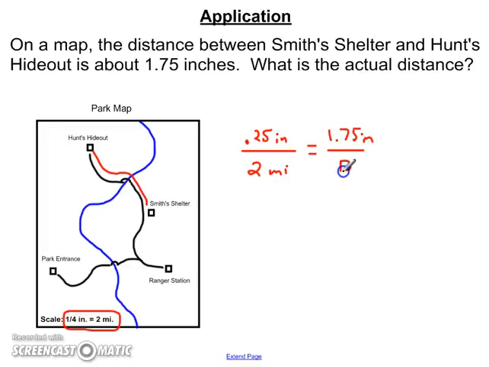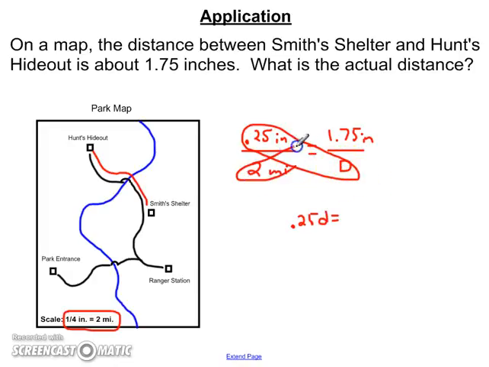I'm going to use d in this case for distance. We have a number of ways that we can do this, but we've been working with our cross products, so I'm going to just use cross products. So 0.25 times d is 0.25d. I'm used to using lowercase letters when I work with equations, so that's why I translated it.